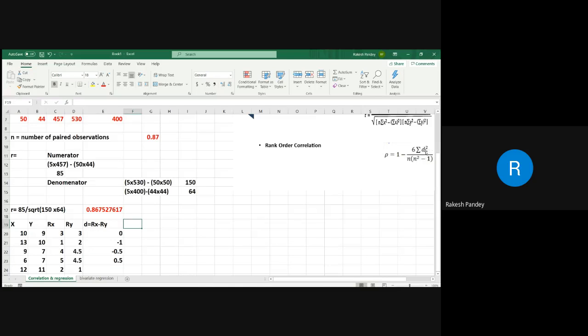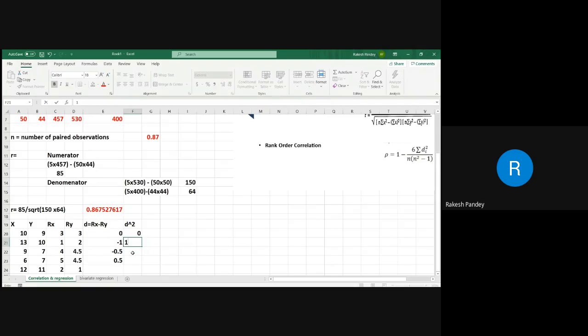Very good. So now the final, you see the formula. It is summation D square. So we need one column more, D square, D raised to the power 2. So 0 square is 0, minus 1 square is 1. Therefore, I said when you are having a squared value in use, if you are subtracting Ry minus Rx, it is not going to affect.